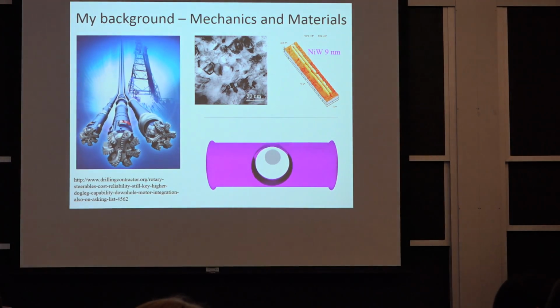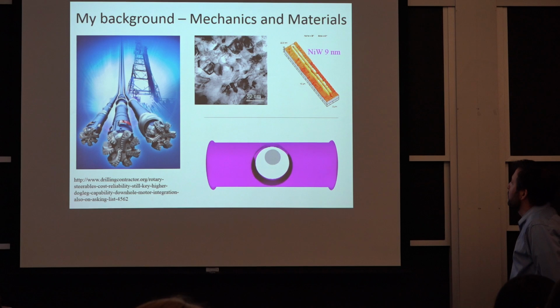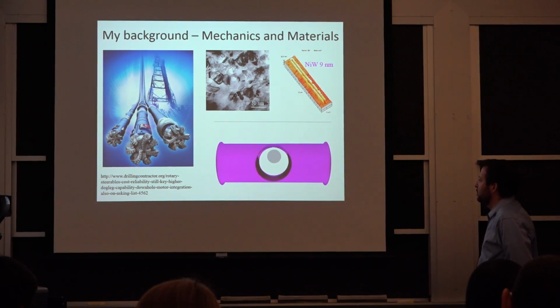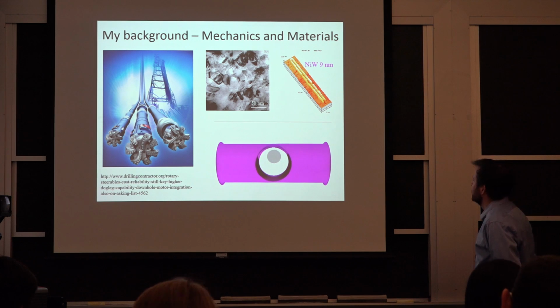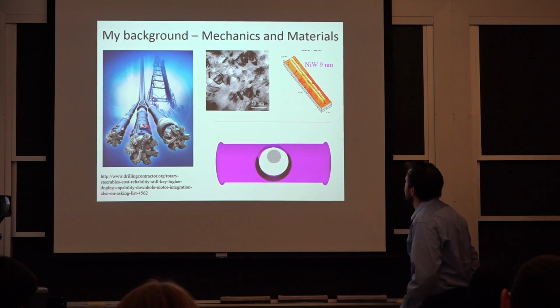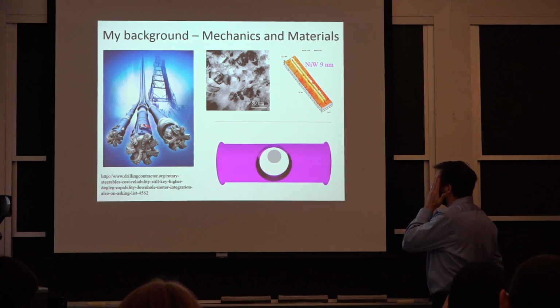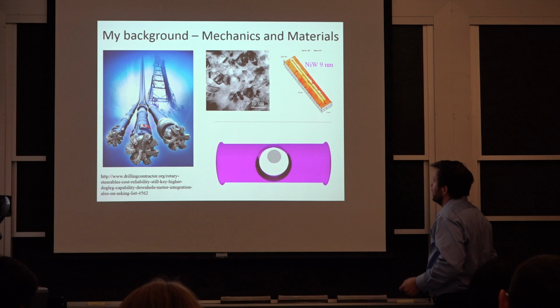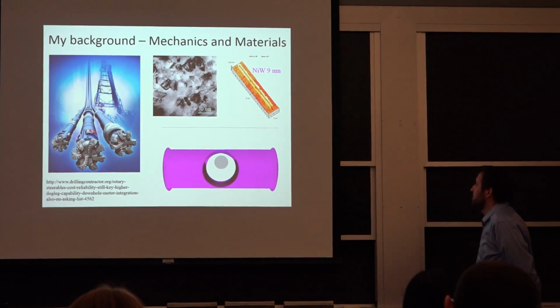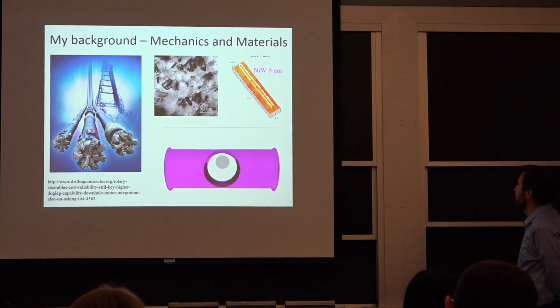So I came back and did my thesis and started thinking, well, I want to do something related to wear and mechanical resistance and all that. So I worked on nanostructured materials in post-doc. It was new back then to have grain sizes between 2 and 15 nanometers.